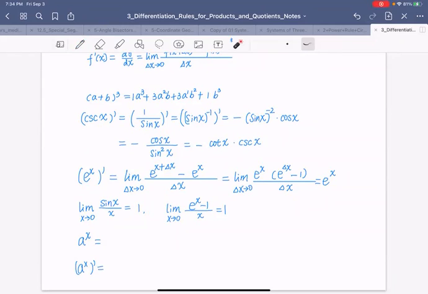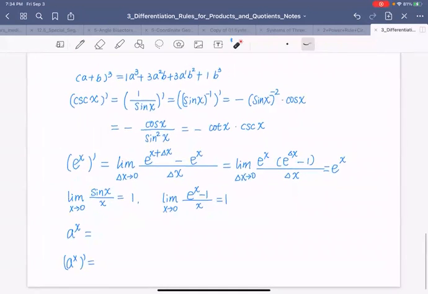We already know this result. We might be able to use some exponential properties. Okay, look. A to the power of x can be rewritten as e to the power of ln of a to the power x.